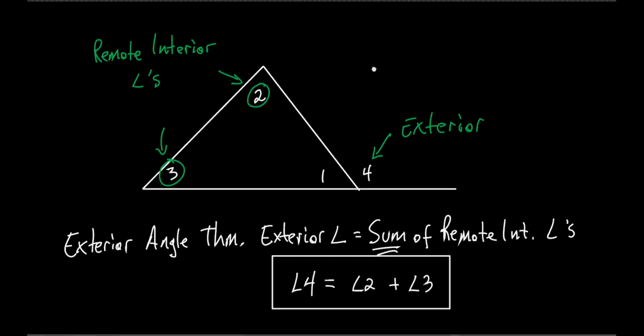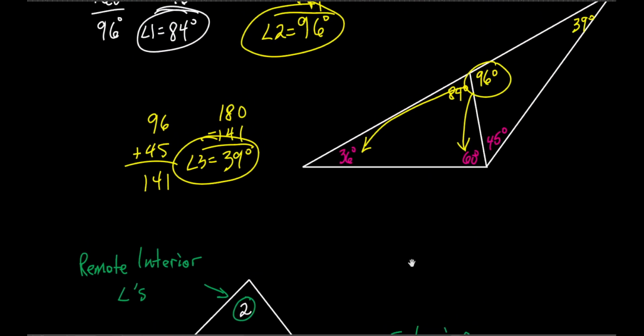Do you agree that we've already seen that up here? Look at this. See this triangle right here? Let's get rid of this. See how that's an exterior angle to this triangle? I took that side and I extended it. So this right here, this 96, is an exterior angle.